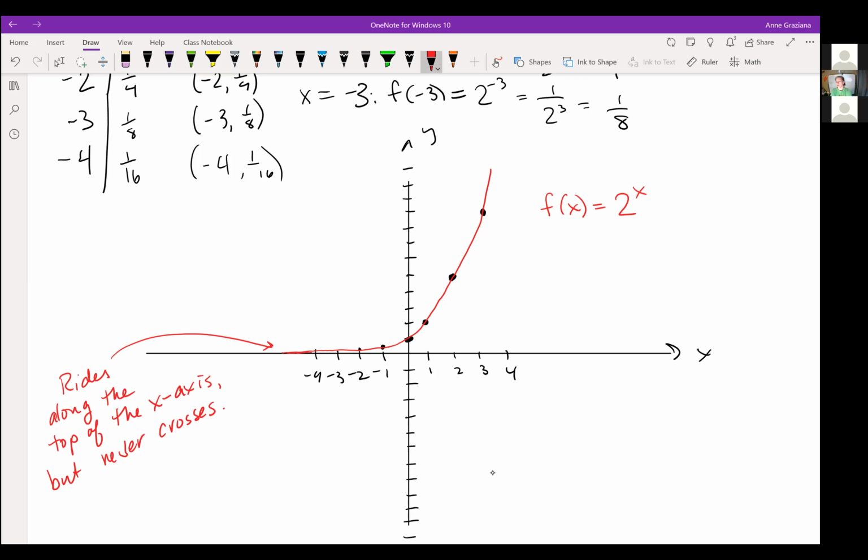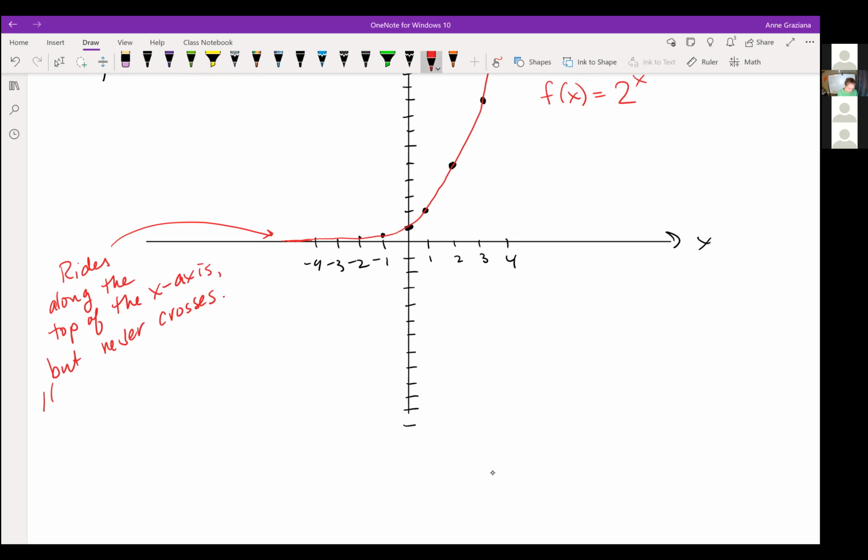What's that called? You guys remember what types of things do that? It starts with an A. Okay, asymptotes. Sounds like a bad word, but it's not. So this is what we call a horizontal asymptote.